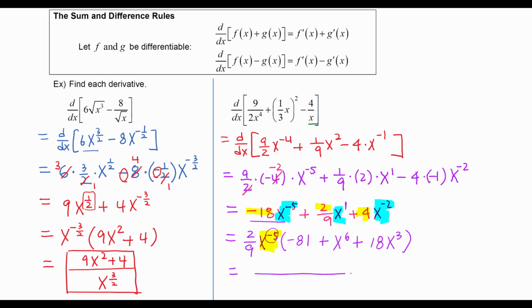So I have a 2 in the numerator, and if I write my polynomial factor inside of a parenthesis to descending order of a power, I will have x to the 6th plus 18x to the 3rd power minus 81 over, I had a factor 9 already. X to the negative 5th power comes down and become x to the positive 5th power. So this will be simplified answer for this problem.